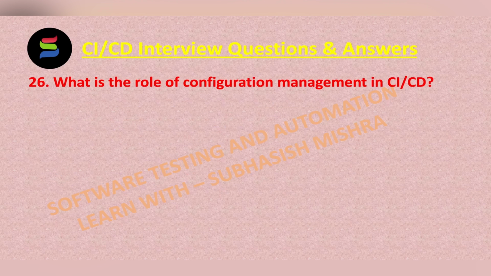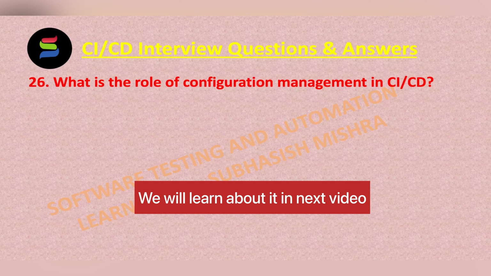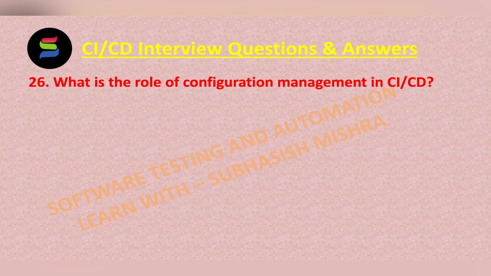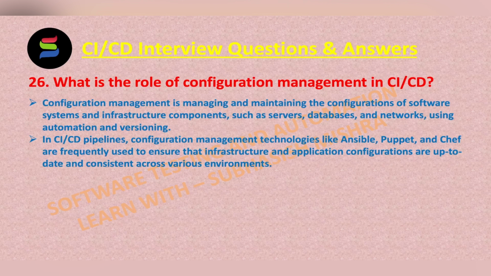What is the role of configuration management in CI/CD? Configuration management is managing and maintaining the configurations of software systems and infrastructure components such as servers, databases, networks using automation and versioning.